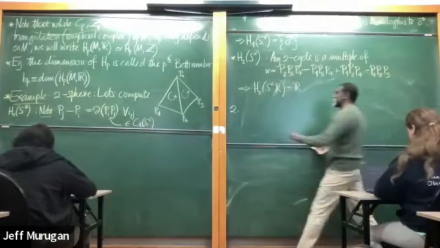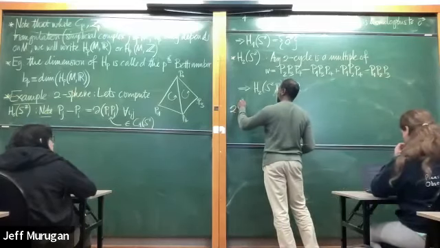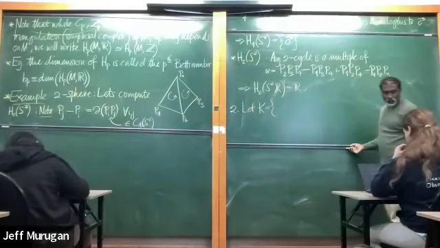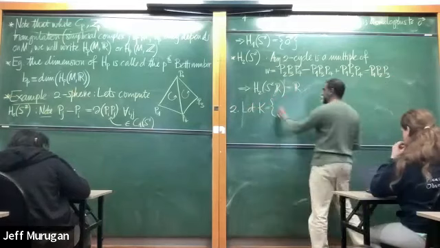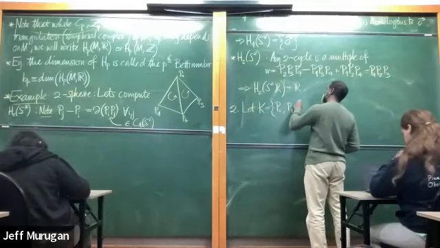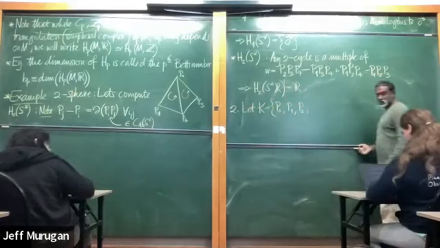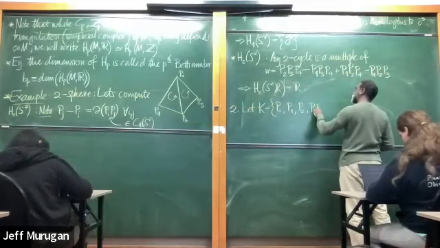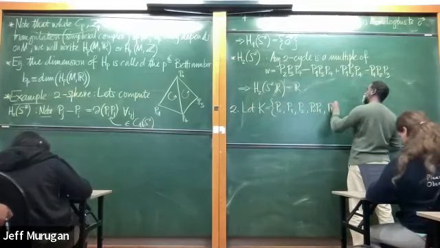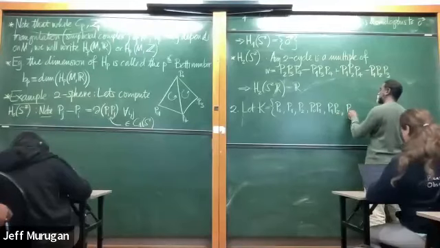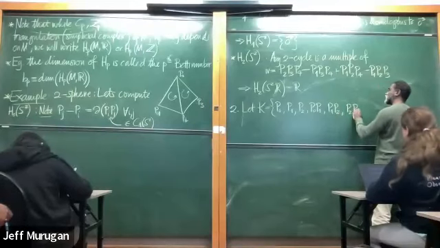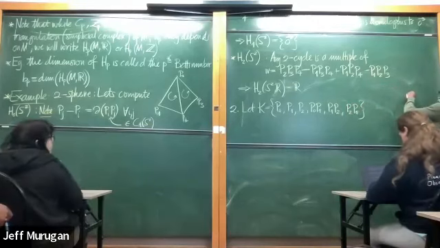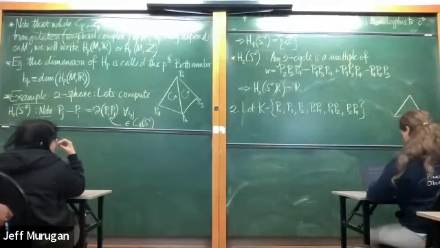For this, I want to consider the simplicial complex K to be P0, P1, P2, P01, P12, P20. You can see that this complex is a triangle.